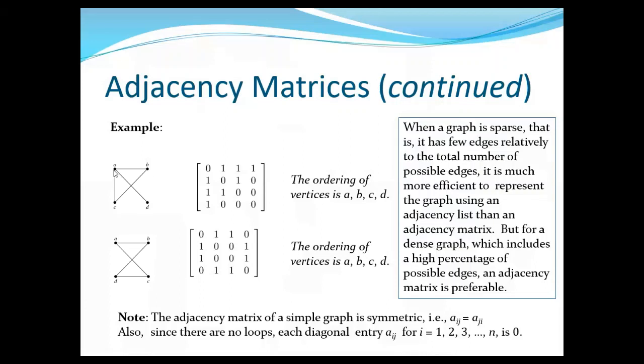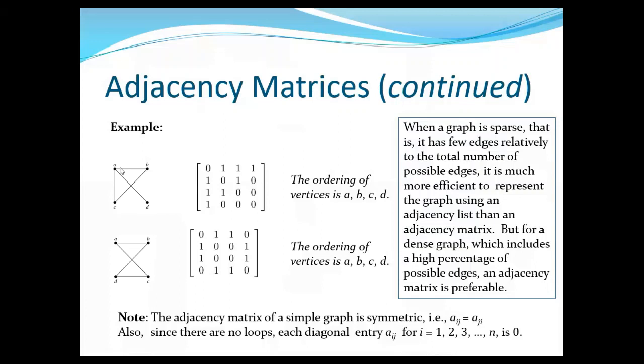Since there is no loop for A, that's why it's 0. And A is connected to all vertices, so the rest is equivalent to 1. For B, B is connected to A, so this is 1, and there's no loop within B, so this is 0, and it is connected to C, so this is 1, and there's no connection between B and D, therefore this should be 0.